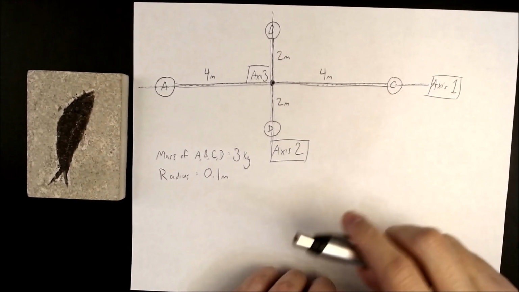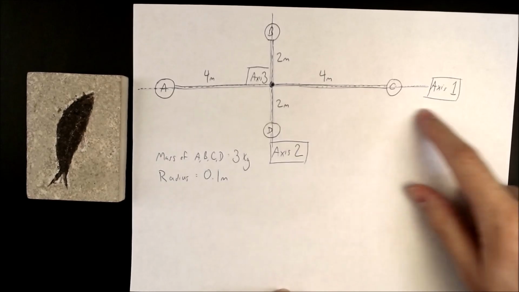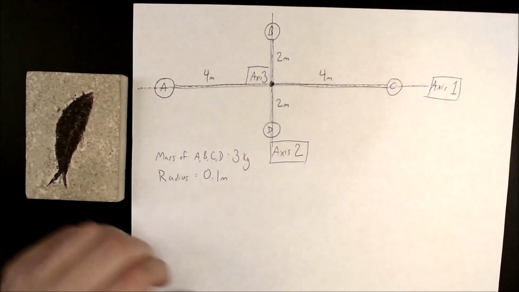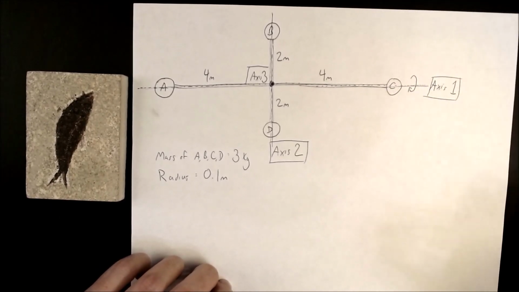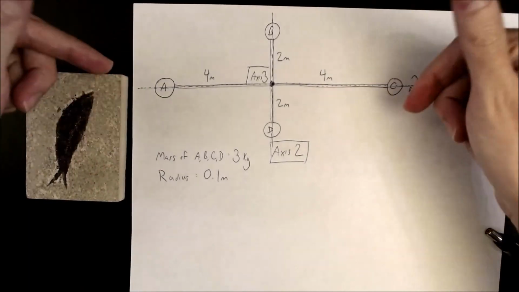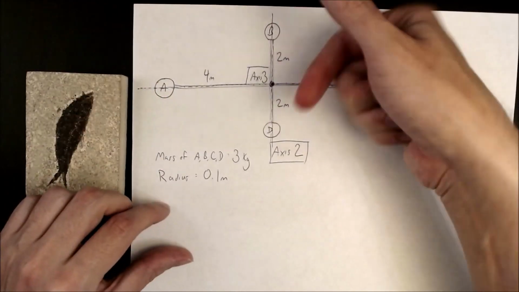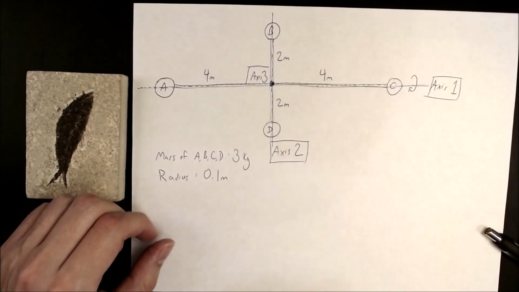There are 3 very obvious axes through which we can rotate this. Axis 1 would be rotating it around like that. And so these 2 spheres would spin in place, while these 2 spheres would tumble end over end.